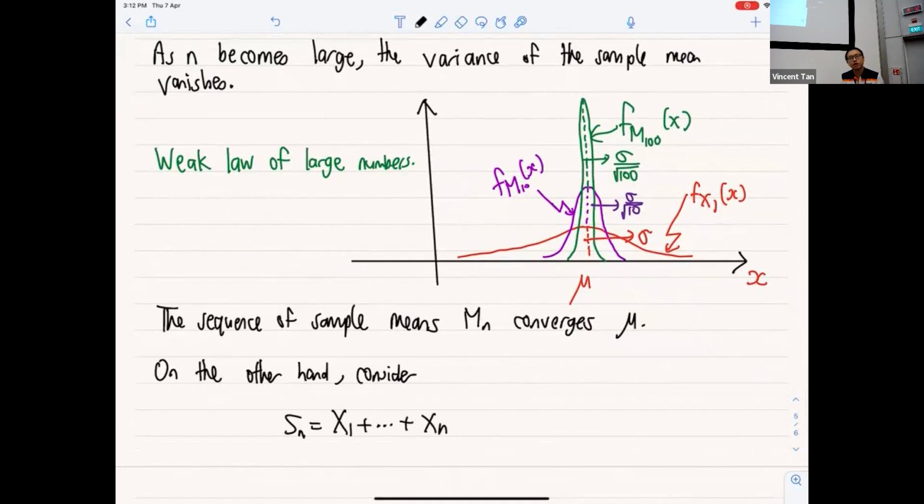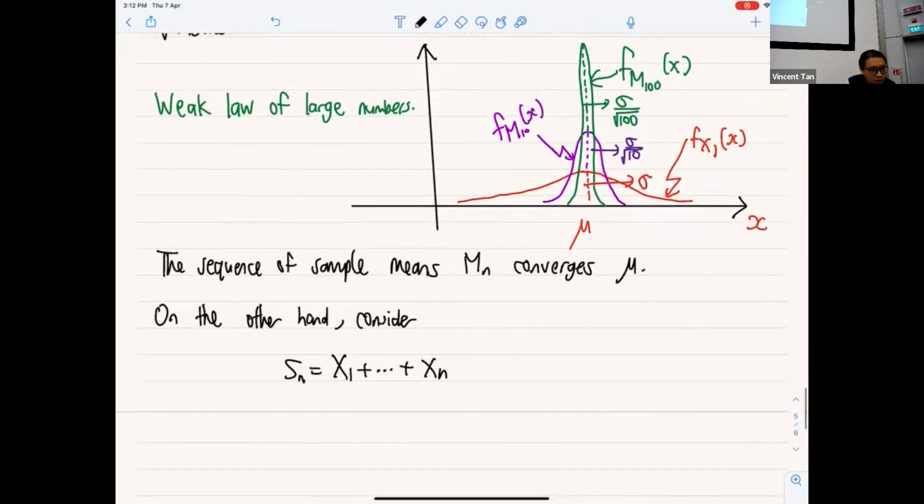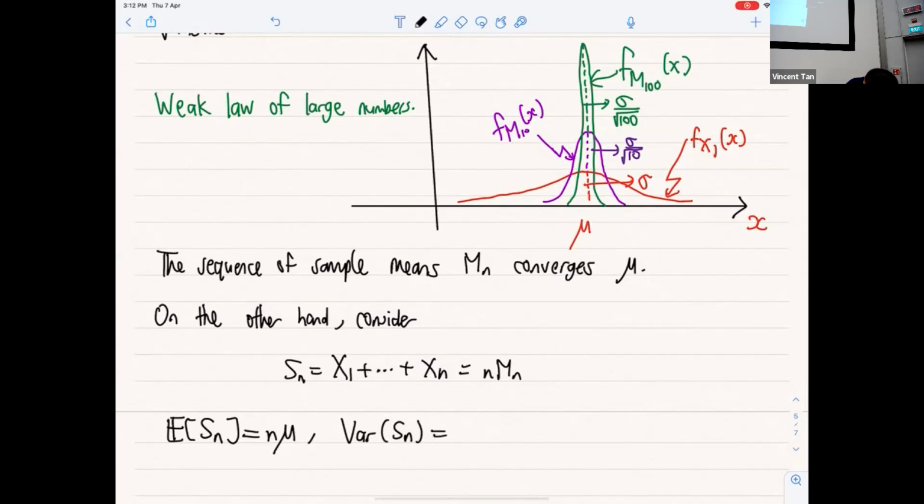Do you think that converges to anything meaningful? We know that is nothing but n times Mn. The sum is basically n times the average. It is easy to see that the expectation value of the sum grows as n times mu, and the variance of the sum is also n sigma squared.